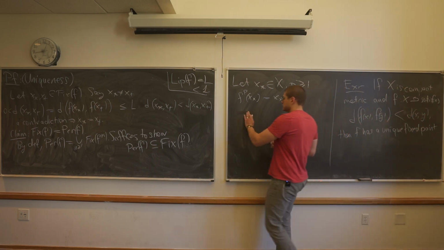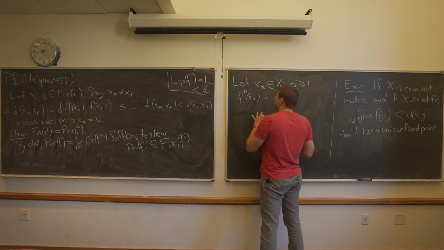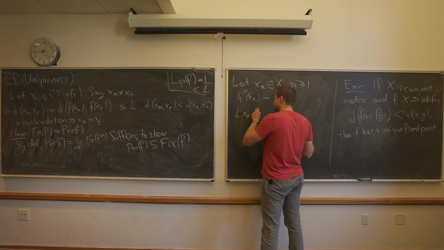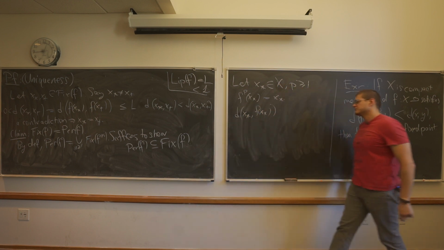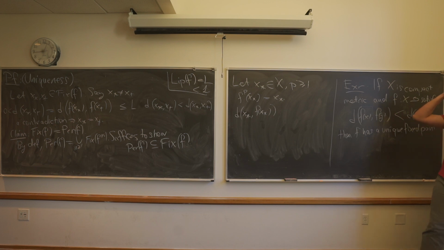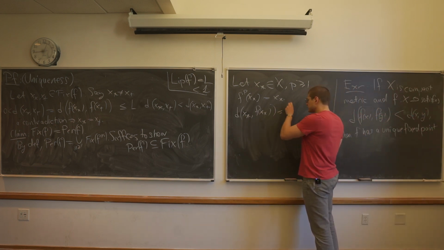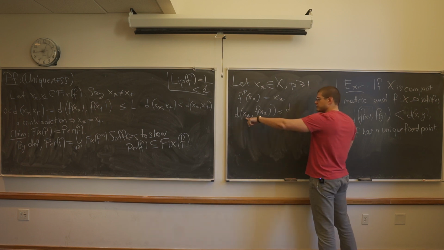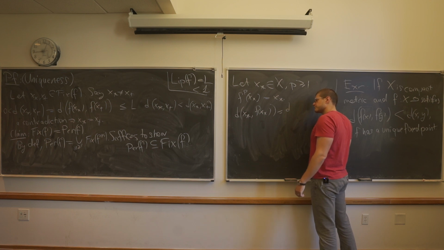So let's try this. I want to bound this by some number that decays. If I can do that, they're going to be the same point. Well, let's do this. There are usually multiple ways of proving these.